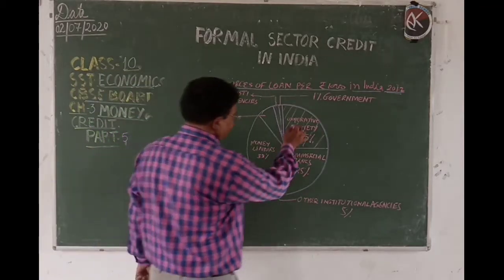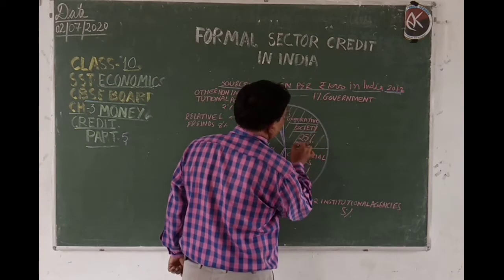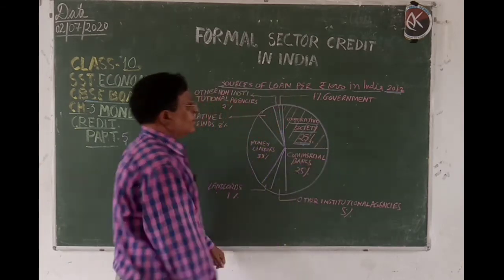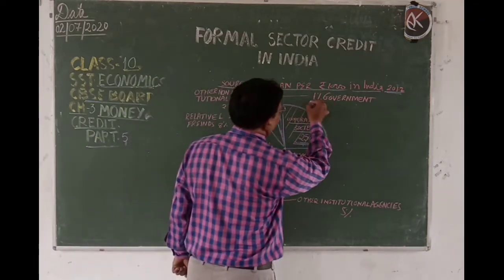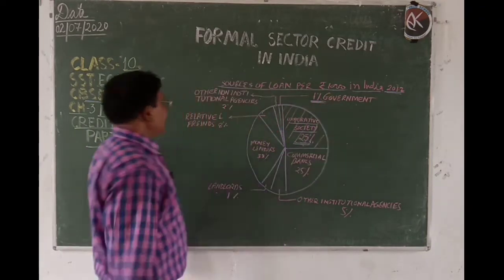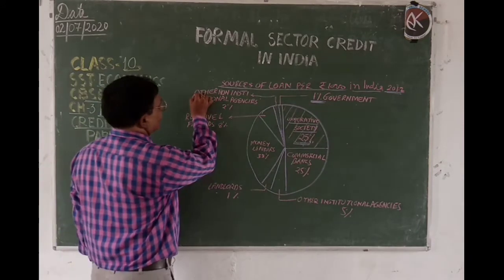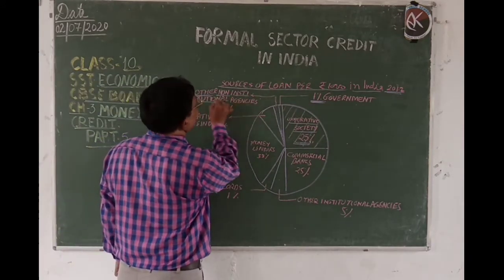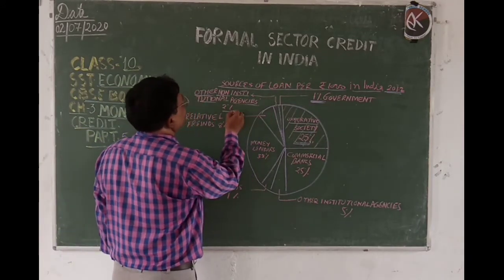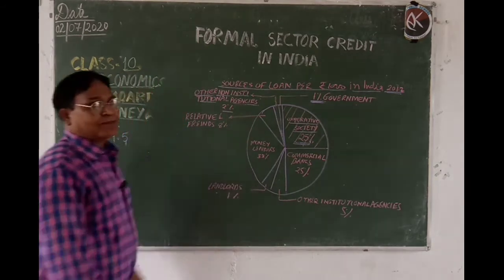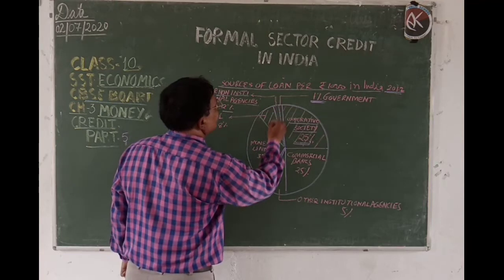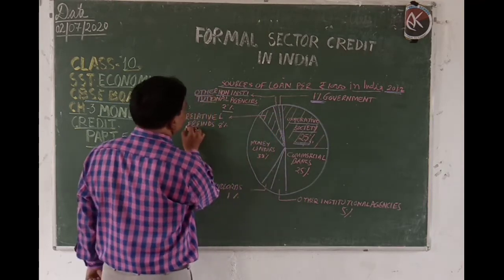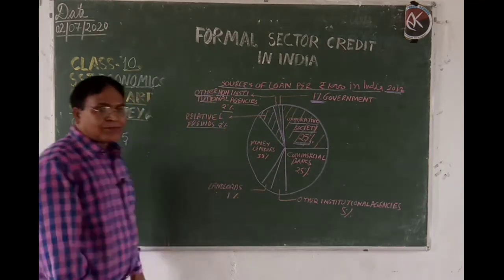From cooperative society people took 25% loan, and from government sector they took only 1% loan, and from other non-institutional agencies they took only 2% loan, and from relatives and friends they took 8% loan.